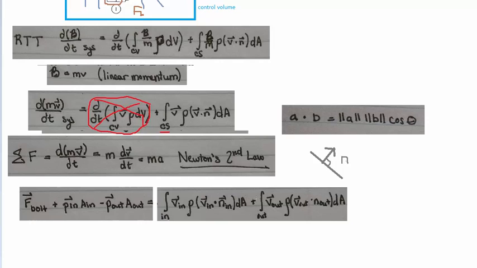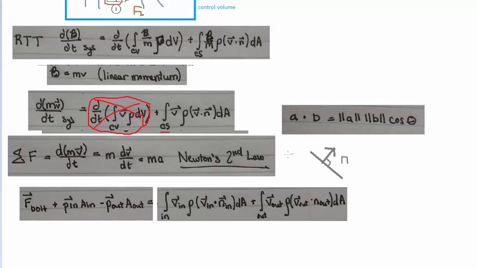So if we're looking at the inlet area, this normal unit vector is going to be of magnitude 1, and it's going to point away from the surface. The reason this is important is because it goes into this cosine theta we're dealing with over here, which will eventually determine whether our term is positive or negative.